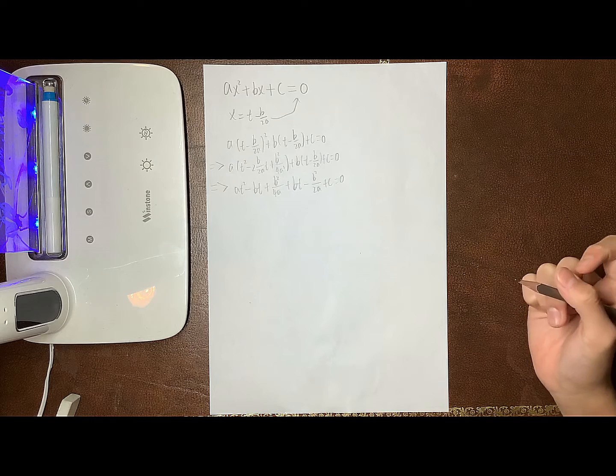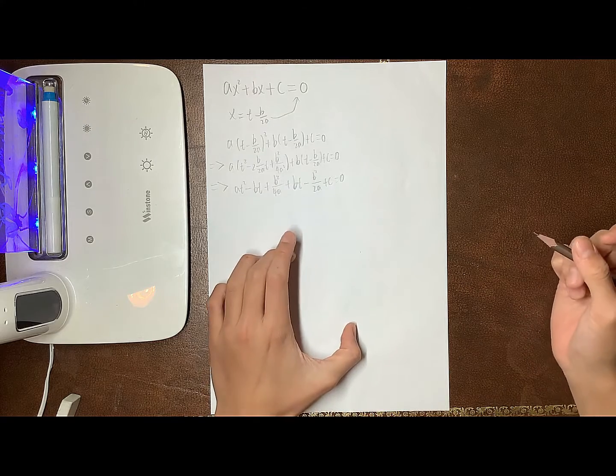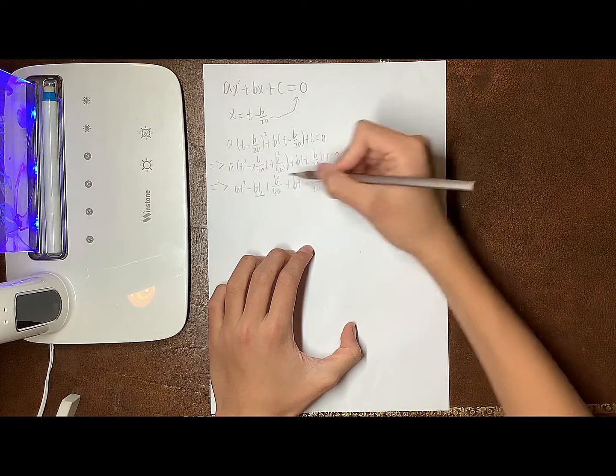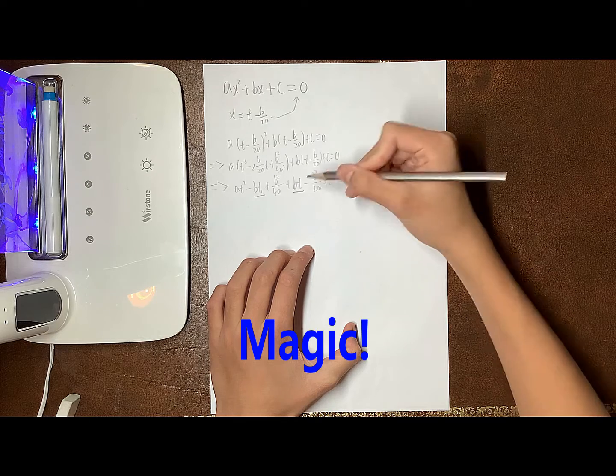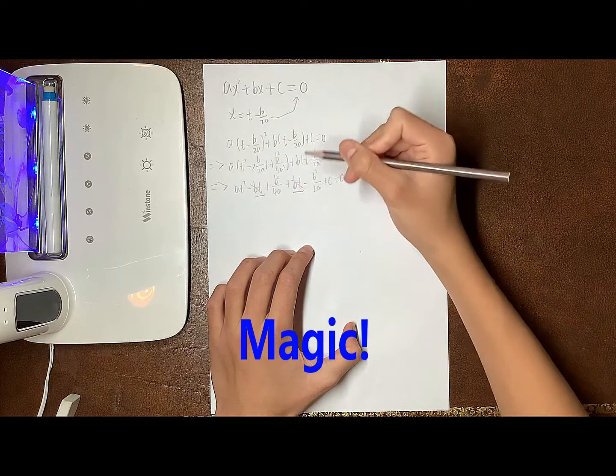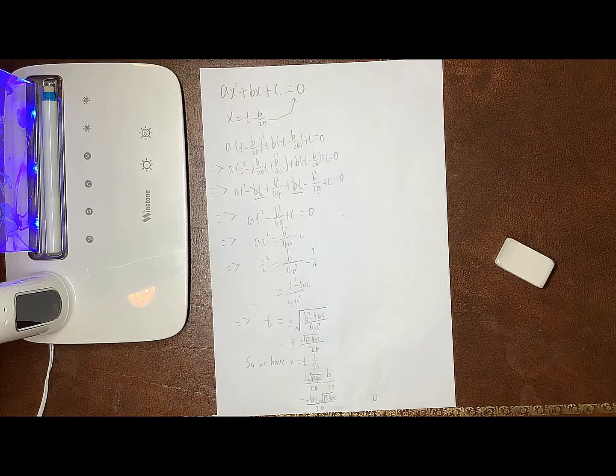So far, we're here. But if you look, we have the bt, the minus bt and the plus bt. They cancel out. So we have the full proof here, which is a verification that the quadratic formula is correct.